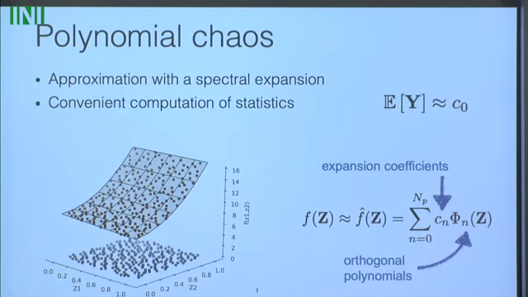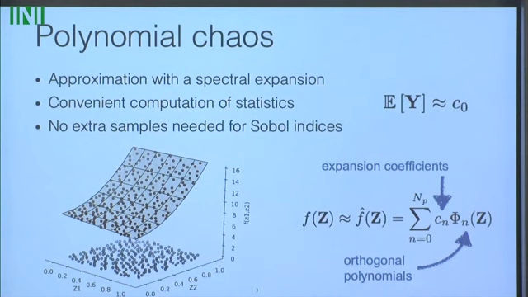The convenient thing with this is that once you have done that, statistics come a lot cheaper: the expected value or statistical moments will be just evaluations of the polynomials in some sense. And for that reason you do not need extra samples for the Sobol indices.